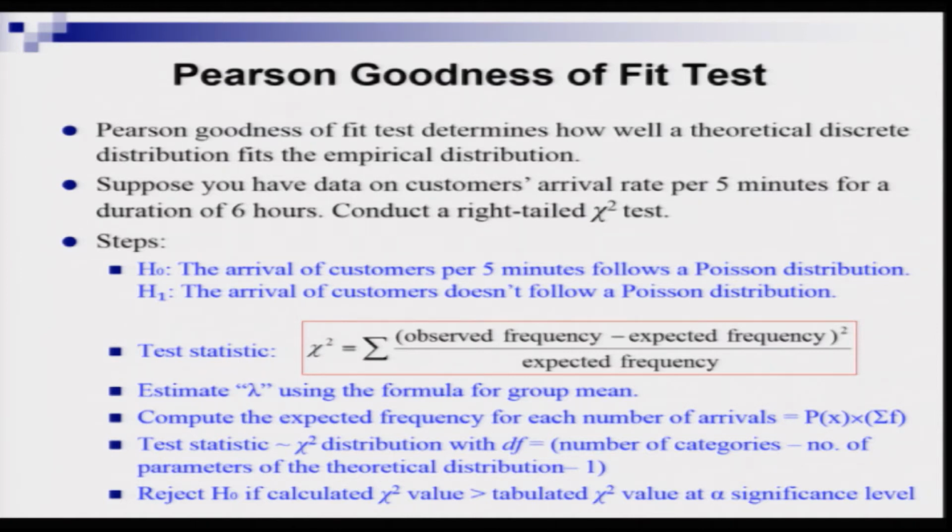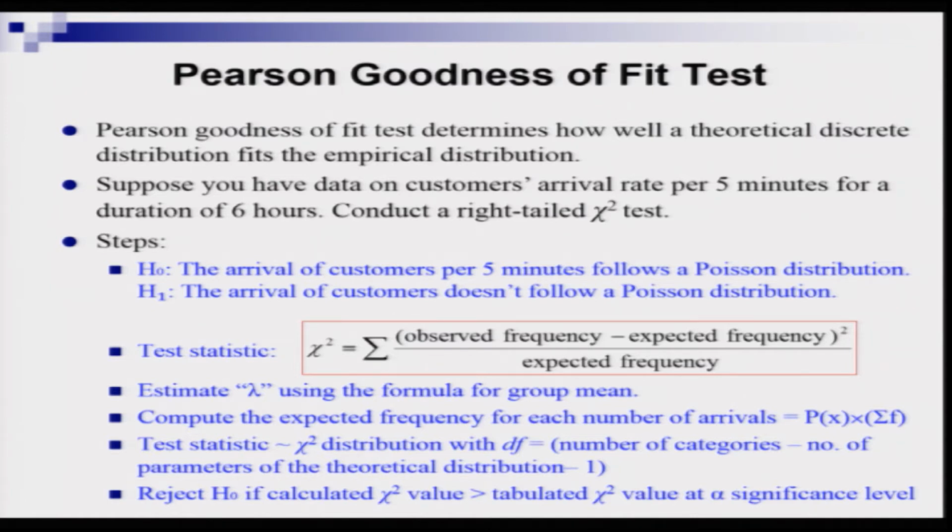You have the data, suppose x is the variable and f is the corresponding frequencies, and by group mean I mean that you have to calculate x bar equal to summation xi fi divided by summation fi. Okay.